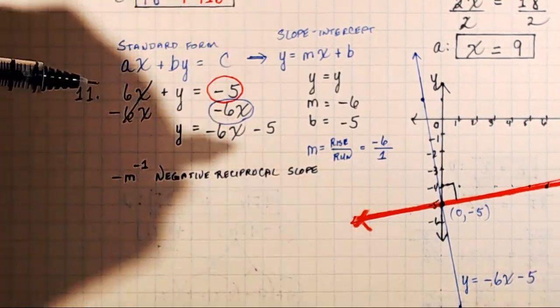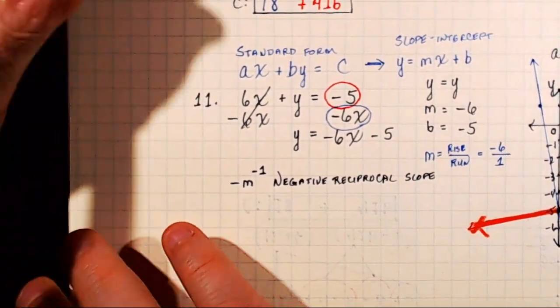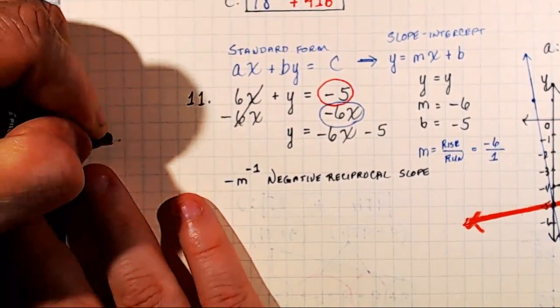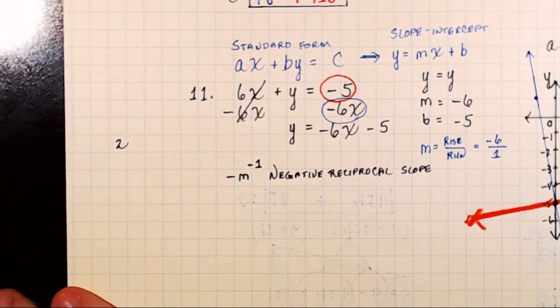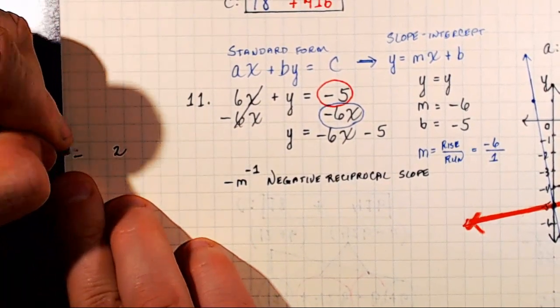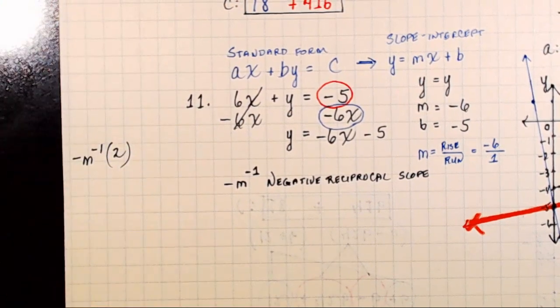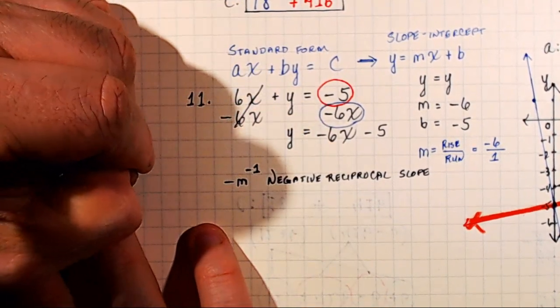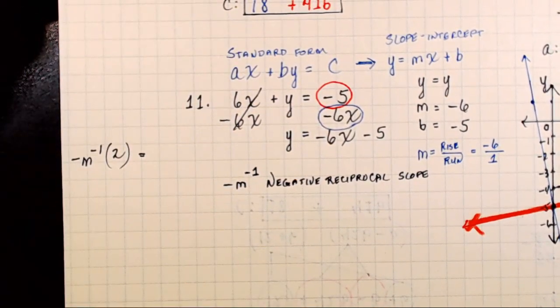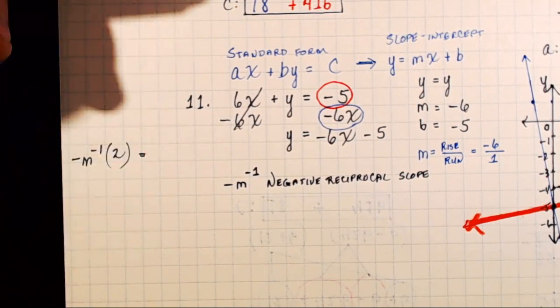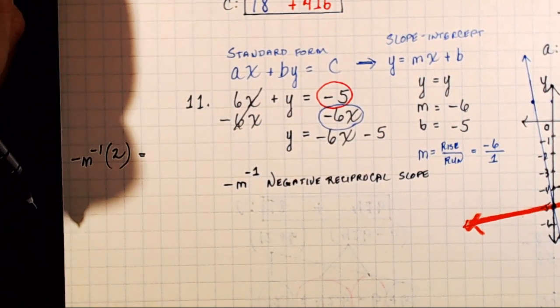Okay, so I'll give you an example over here to the left. If I have 2 and I want the negative reciprocal of 2, what does that equal? Well, first you take the reciprocal of the number. And remember, any whole number can be written as that whole number over 1.